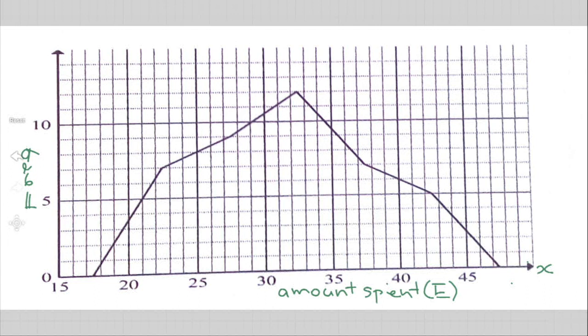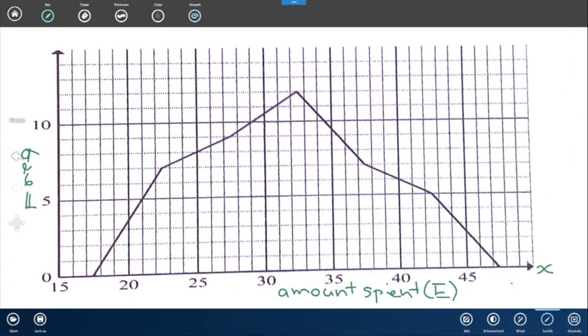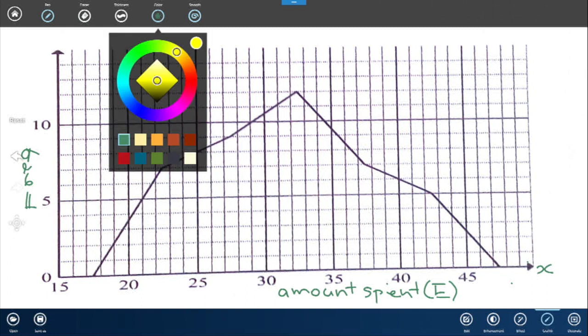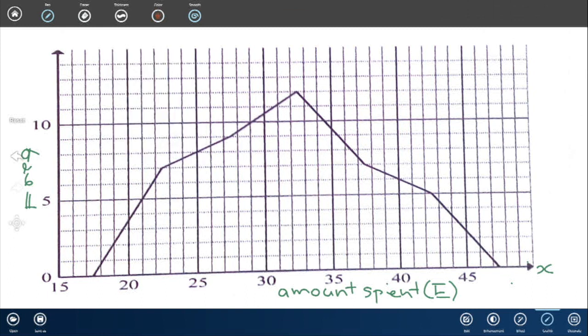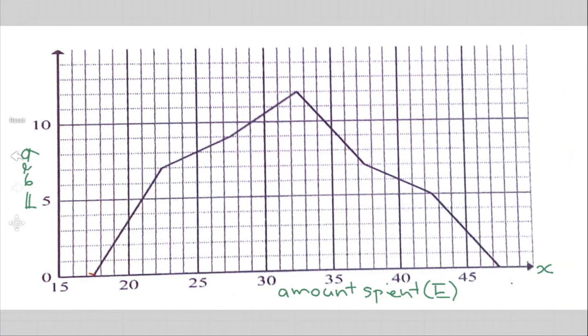Then we can look at our points. As we have said, the first coordinate is at 17.5, 0.